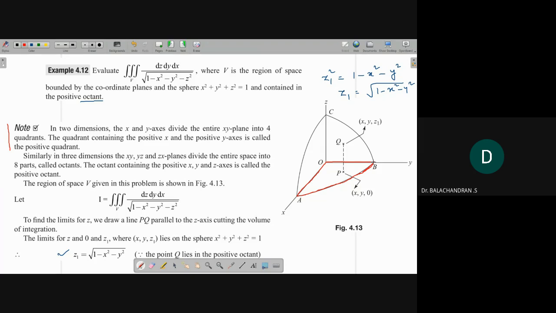So actually this is nothing but what? Part of a circle, because here z equal to 0, so x square plus y square equal to 1. So it is a portion of a circle.